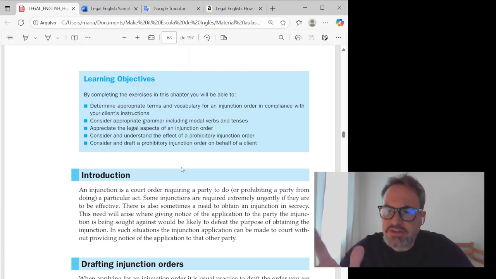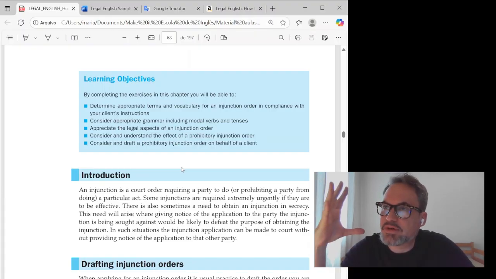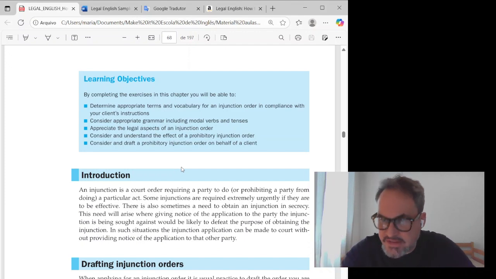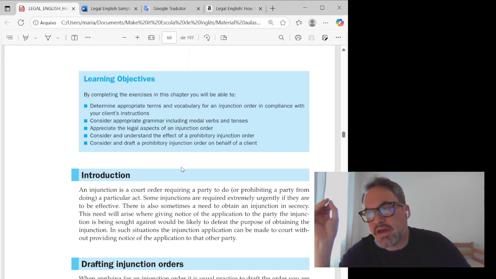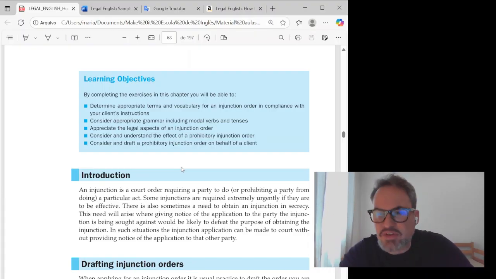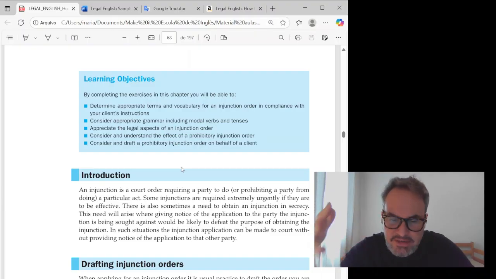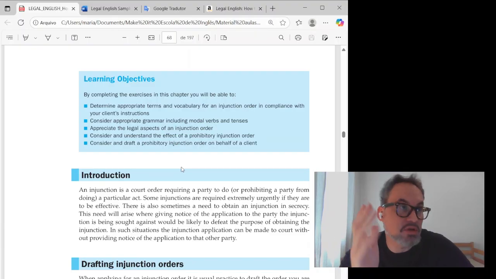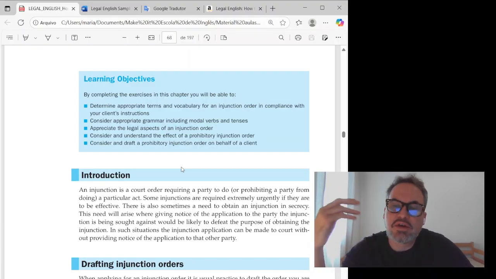So, the first thing we have to notice here is that the legal system in Anglo-Saxon countries like the United States and England is sometimes different, most of the times different from Brazilian legal tradition. So we have to understand that what we learn here doesn't exactly represent the Brazilian legal system, right?